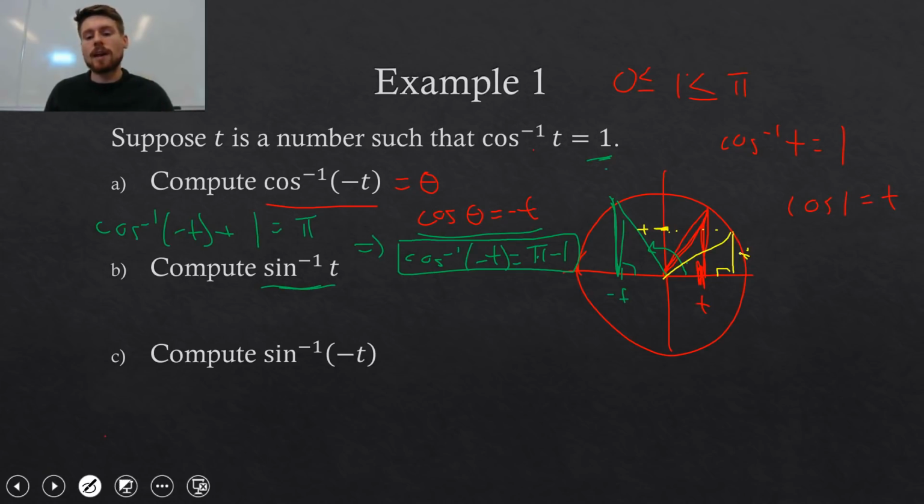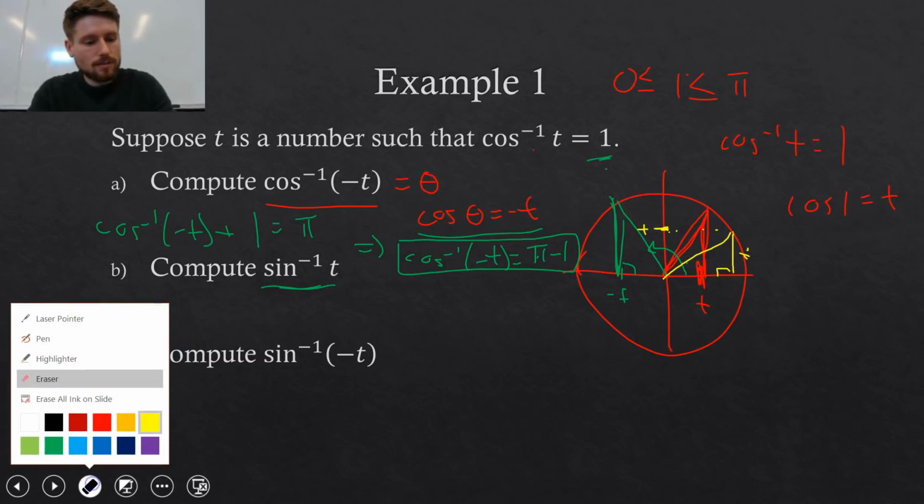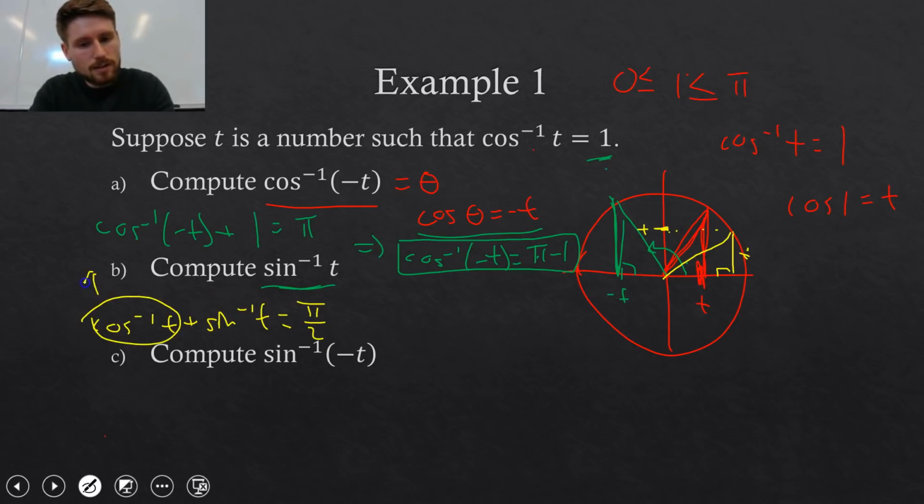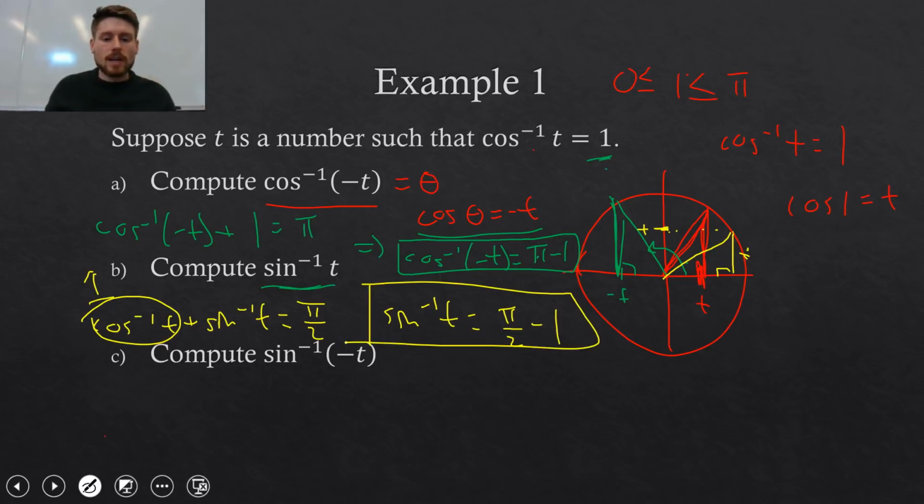That angle, then, is the complement to the cosine inverse of t, the angle 1. So this one has to be pi over 2 minus 1. And here, let's just use that formula that we spent all that time working on: the cosine inverse of t plus the sine inverse of t equals pi over 2. And this guy here is 1. So sine inverse of t equals pi over 2 minus 1. So we've computed sine inverse of t.